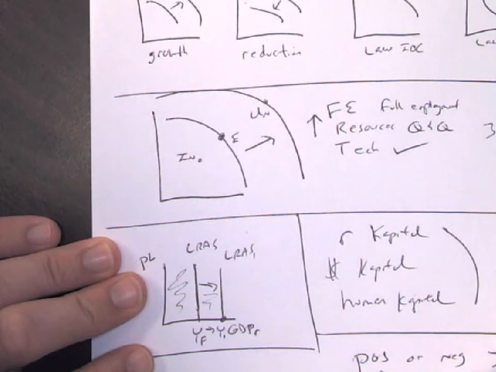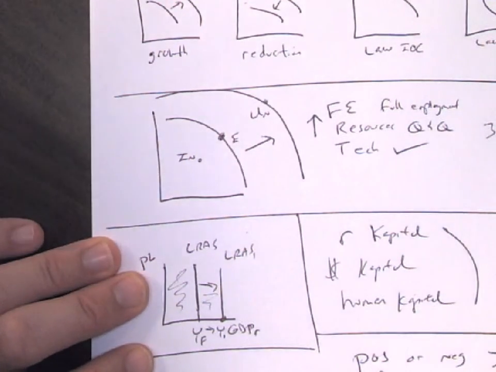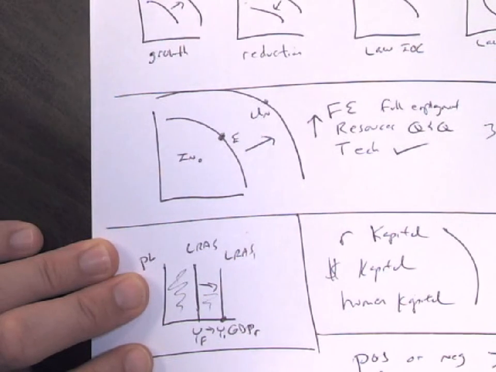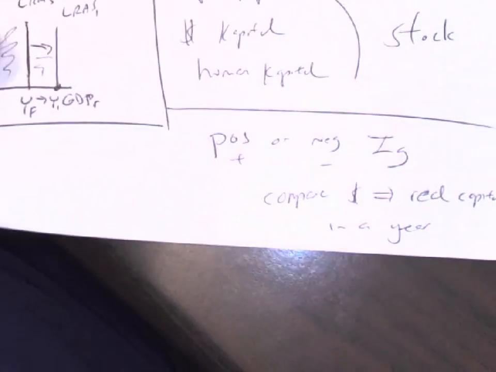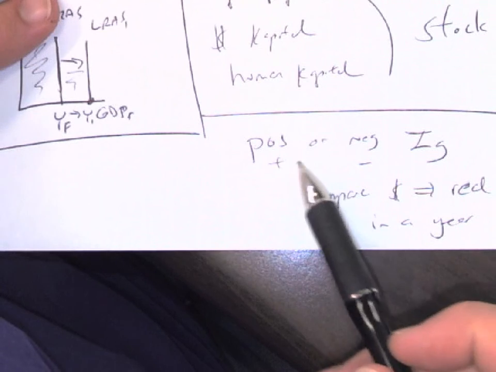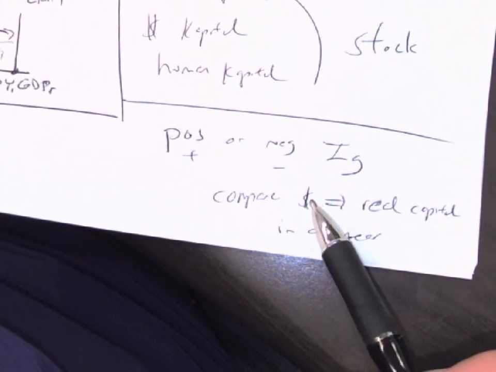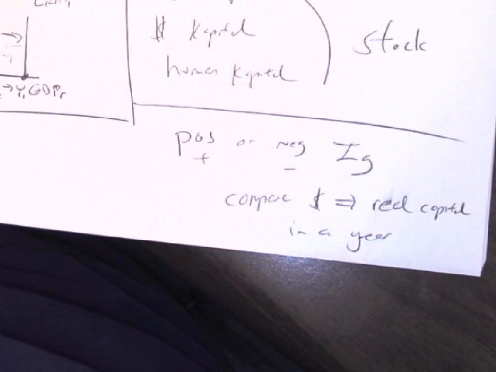So that positive or negative means that net investment is, we're comparing our real capital to how much money we put into our machines and tools versus their depreciation in a given year. So that's what net investment is.